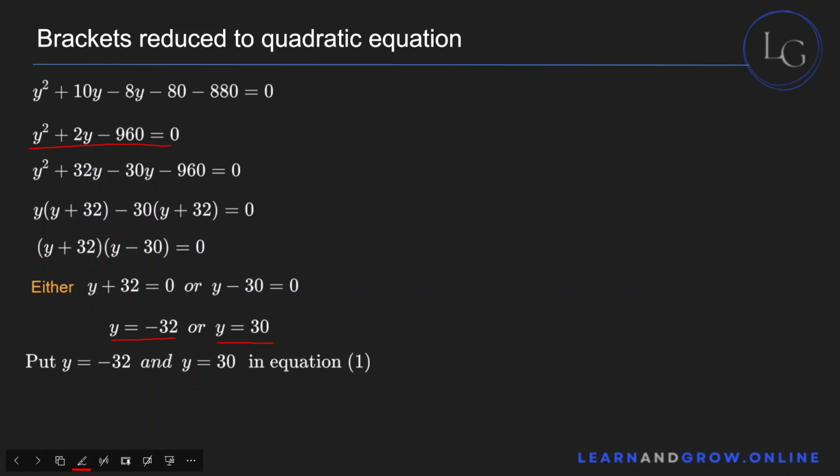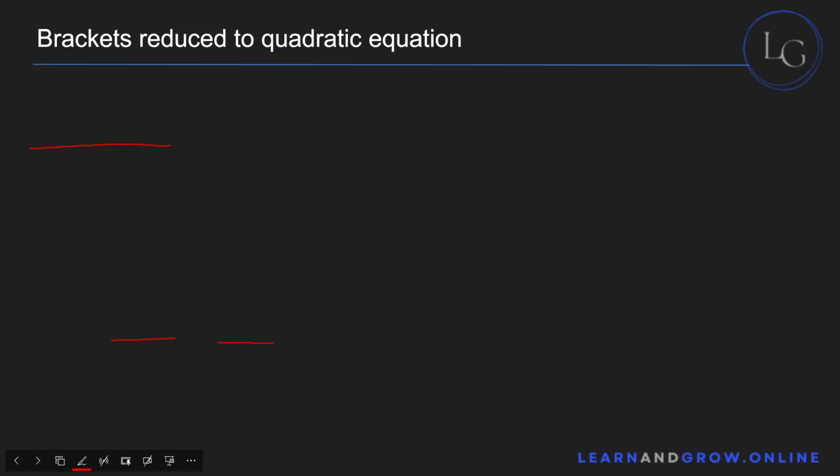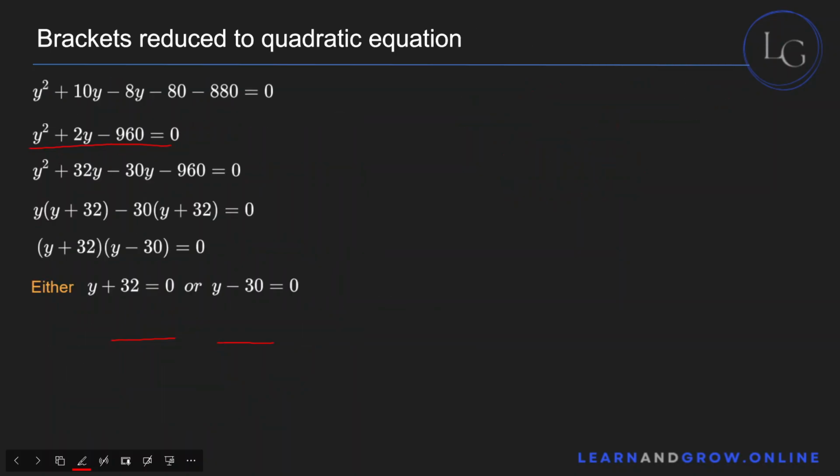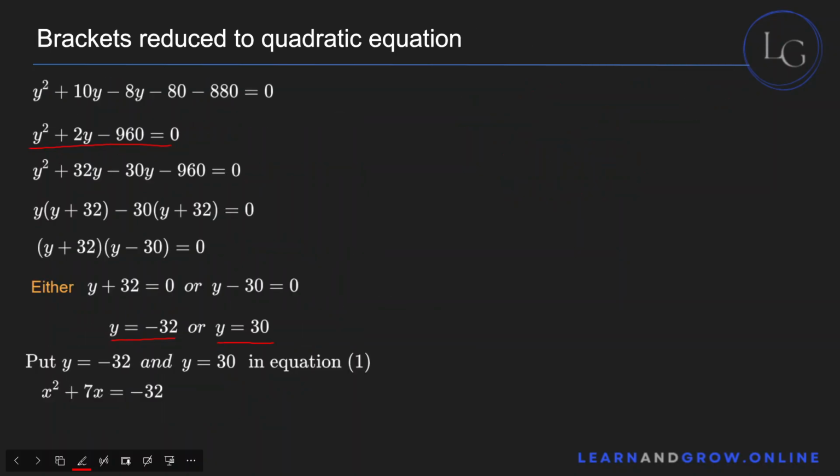Now, when you put y equal to minus 32 and y equal to 30 in this equation here, you get x squared plus 7x is equal to minus 32 and x squared plus 7x is equal to 30.